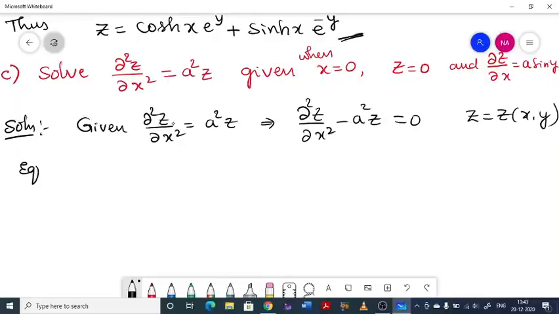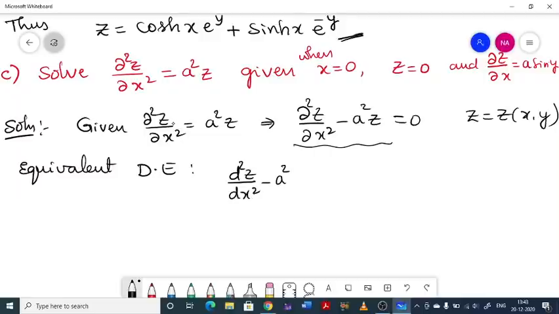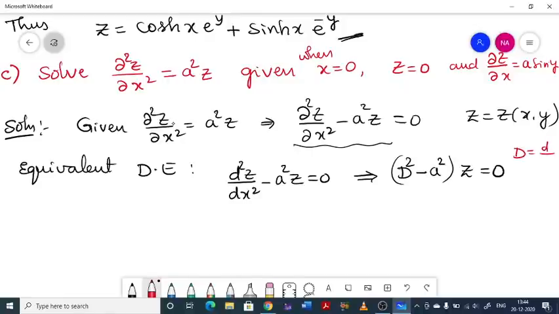The equivalent differential equation of this is d square z by dx square minus a square z equal to 0. This you can write as d square minus a square times z equal to 0, where d stands for d by dx.